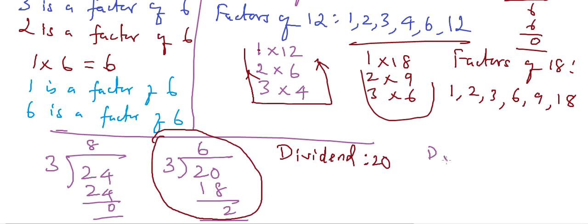So here the divisor is 3. The result you get, here you write 6 times, that's called the quotient. So the quotient is 6. And whatever is left over, that's the remainder.